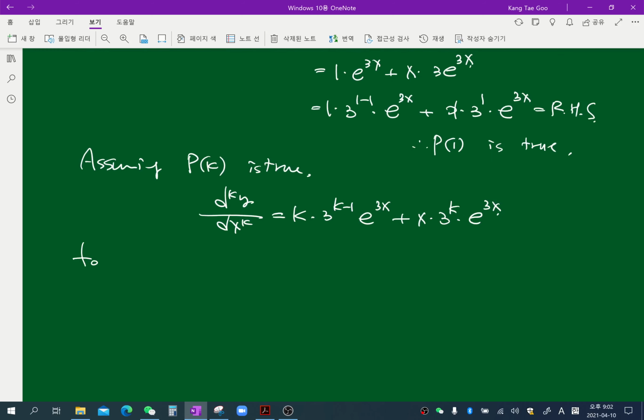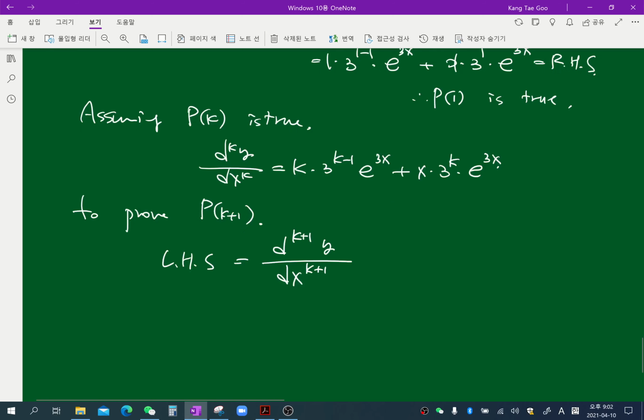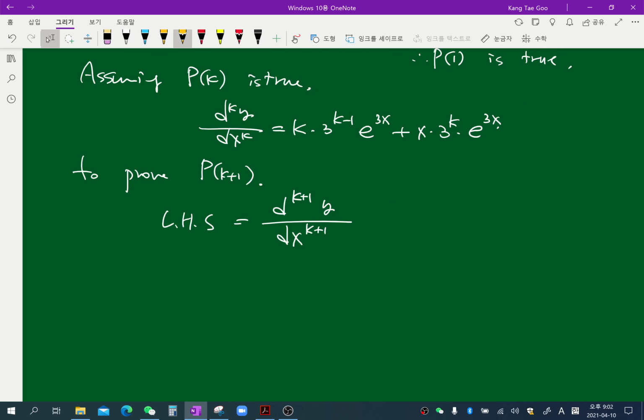To prove Pk+1, the left hand side is the (k+1)th derivative of y. I said previously that this is the most important process for the induction, the derivative induction. This is one more step derivative of the kth derivative, right?